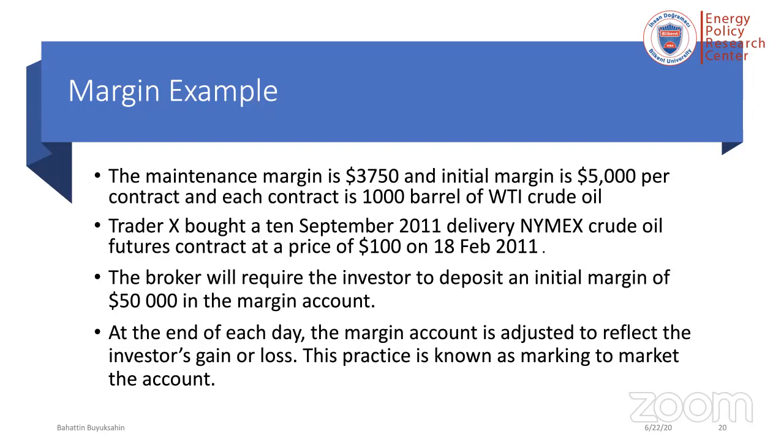The broker will require the investor to deposit an initial margin of $50,000, because for each contract they require $5,000. The trader bought 10 contracts, so it is $50,000 in the margin account. This is the initial margin. At the end of each day, the margin account is adjusted to reflect the investor's gain or loss.